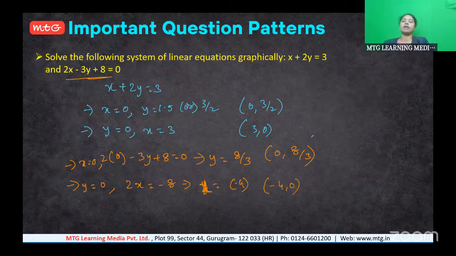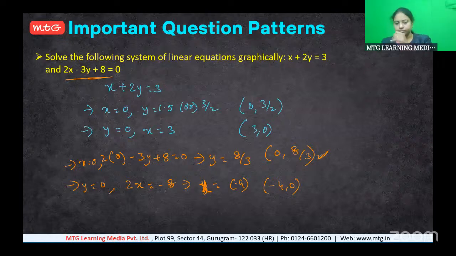You may ask me, Ma'am, this is 8/3, which is leading to an approximated decimal value. So is that good to use or not? If such a scenario is occurring, don't worry. Do not use x value or y value as 0. Replace it with something else. Suppose I try x as minus 1.